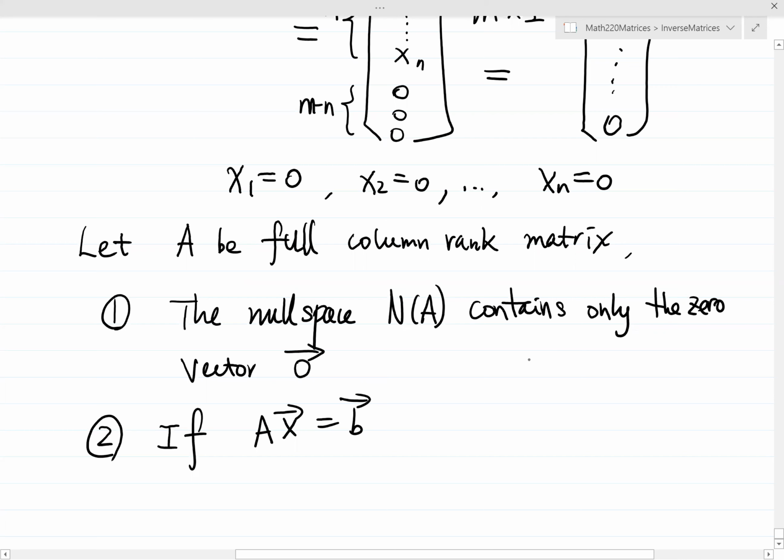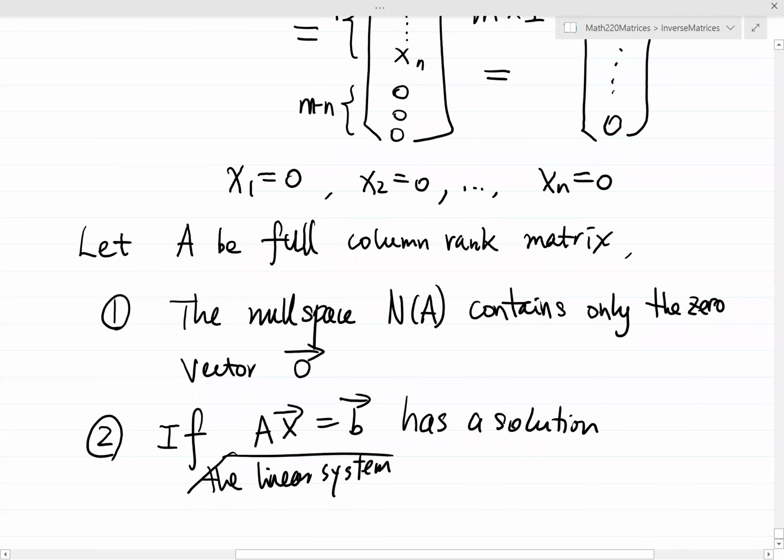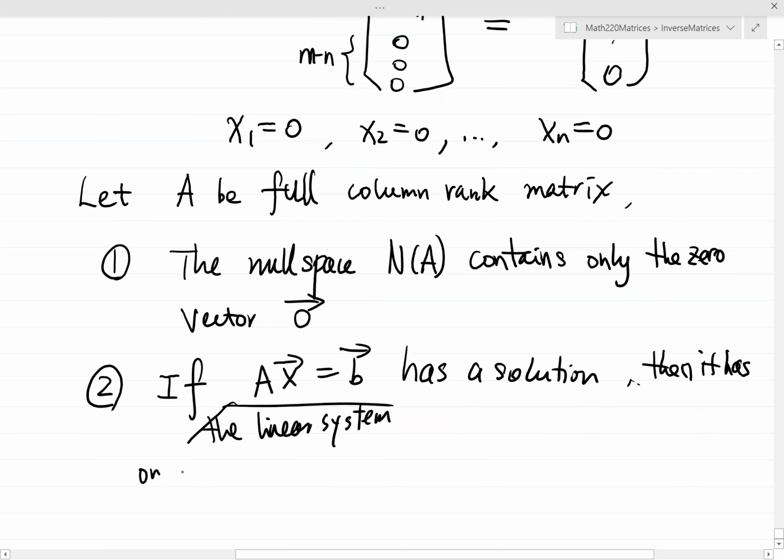So if the linear system has a solution, then it has exactly one solution. If you find one solution, then you know that's the only solution. It has a unique solution.